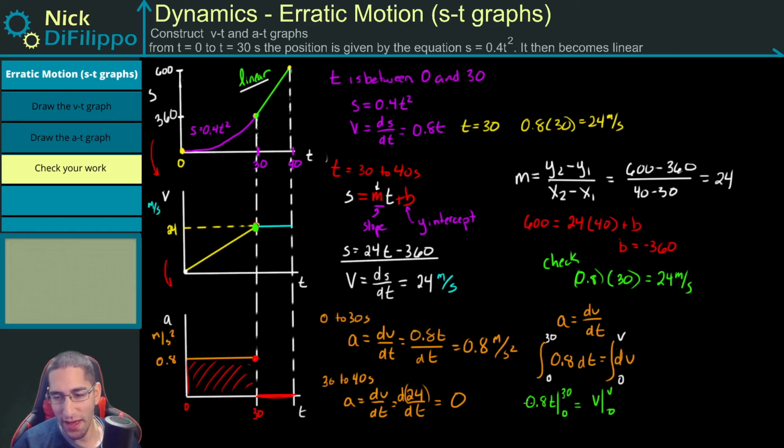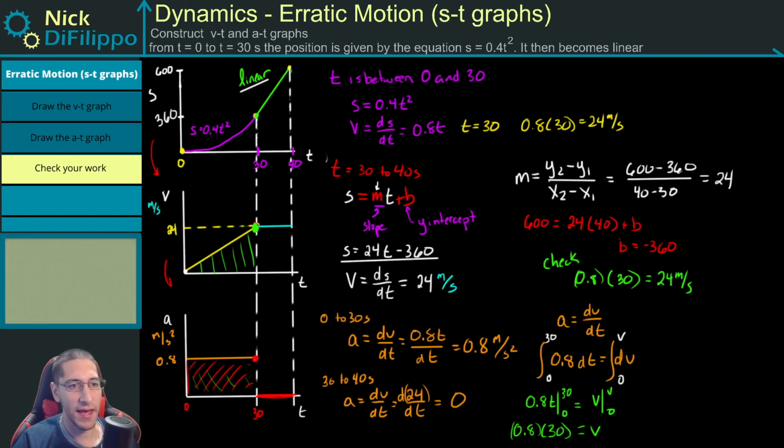Okay, again, this is 0.8 times 30, which is equal to 24, and that's equal to v. So I get the same answer, and this rectangle is just this integral solved.